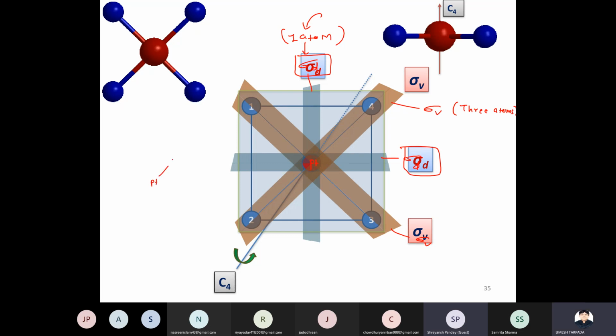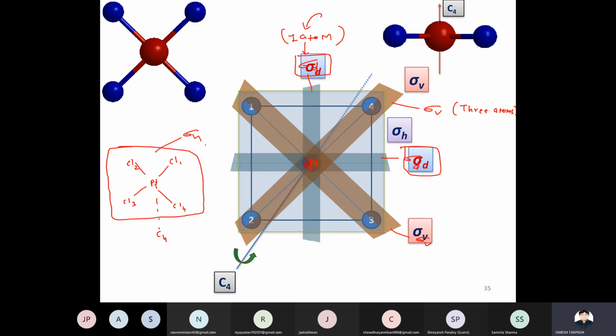Sigma H. Yes, it's a sigma H. That is perpendicular to the principal axis. See, the principal axis is on your side, so the plane of your mobile, this is a square planar geometry. So this plane is perpendicular to the principal axis, so this is called sigma h. Good. So it's a sigma h.